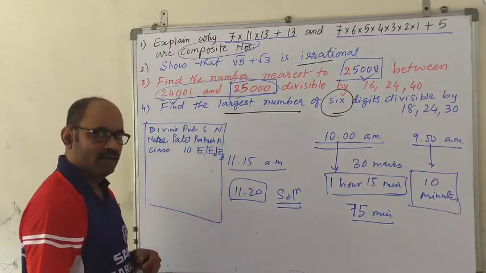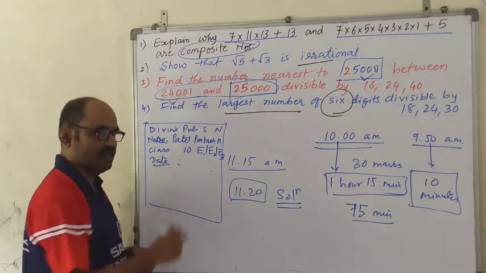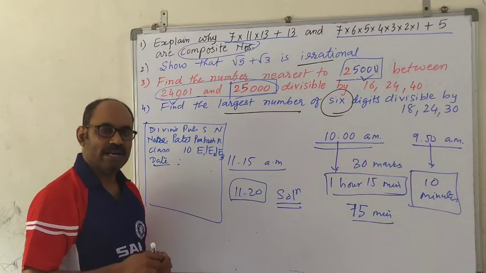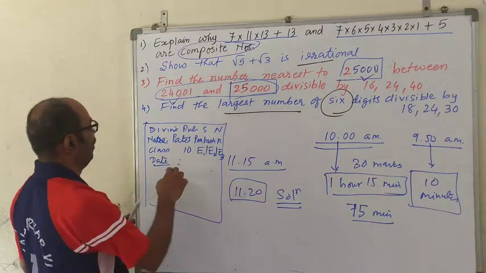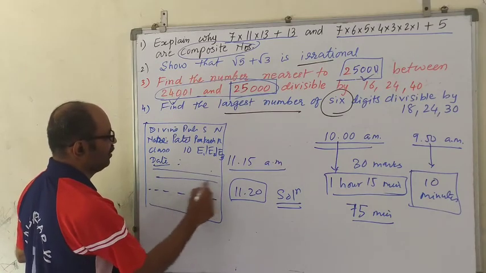Is that clear? Then you can put the date of the test. And then you start writing on the first page. Before you start your answer, you have to leave 3 lines.